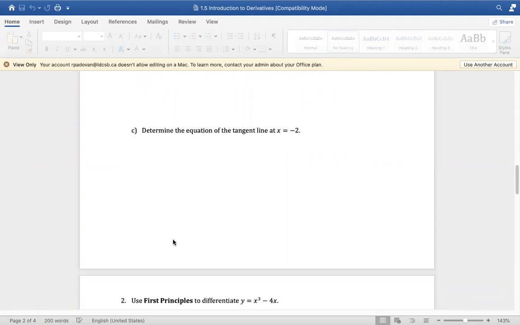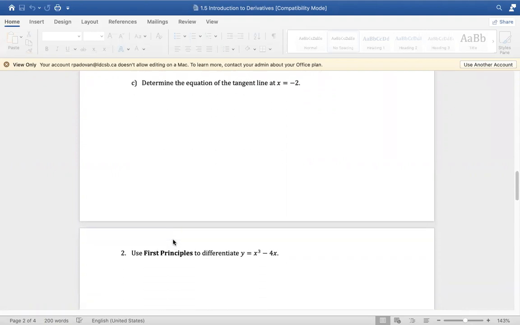Okay, let's look at determining an equation. Determine the equation of the tangent line at x equals -2. So I want an equation of a tangent line. So the equation of a line, right, from grade 9 is y equals mx plus b. And what information do I have so far?